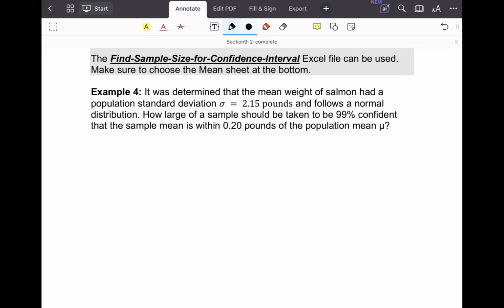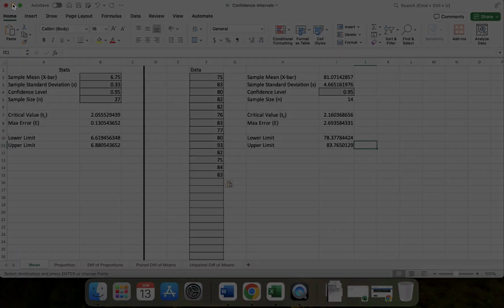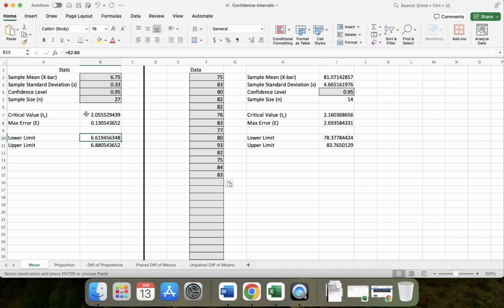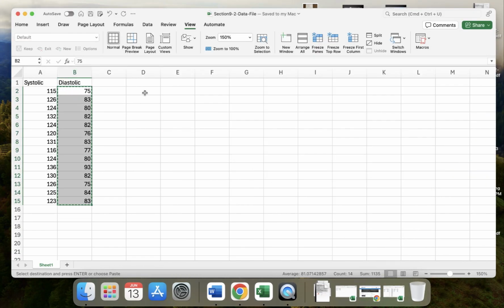So this one says it was determined that the mean weight of salmon had a population standard deviation of 2.15 pounds, and it follows a normal distribution. That's good. How large of a sample should be taken to be 99% confident that the sample mean is within 0.2 pounds of the population mean mu? This very often will be a preliminary check to see if it's feasible to do the study itself.